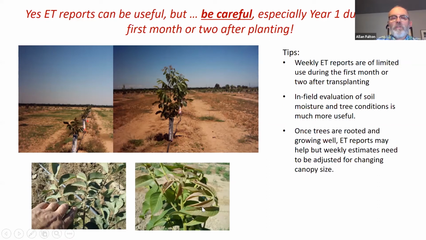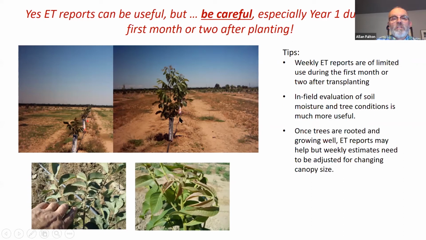It's during this period where the in-field evaluation of soil moisture, looking at the tree conditions, maybe even carefully digging in the root ball and exploring the health of the roots and seeing if you see new roots and evidence that they're growing into the orchard soils is probably a better tool at that point than our ET reports.